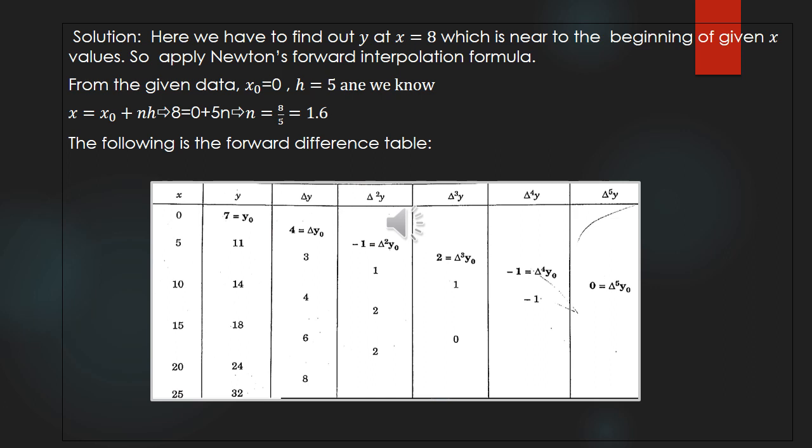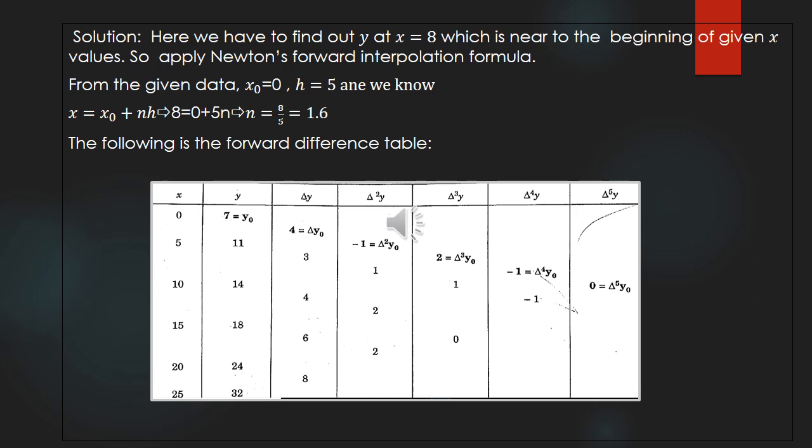Then the following is the forward difference table. In the first column we write the x values and in the second column the y values. Then the third column is del y, or first forward difference. The first element is del y naught, defined as y1 minus y naught.